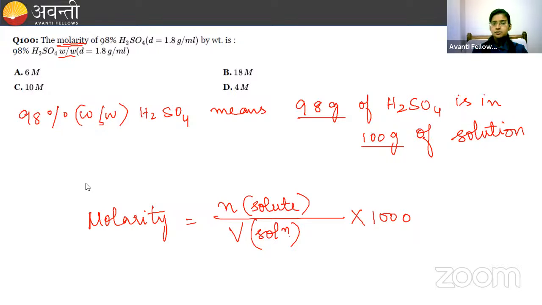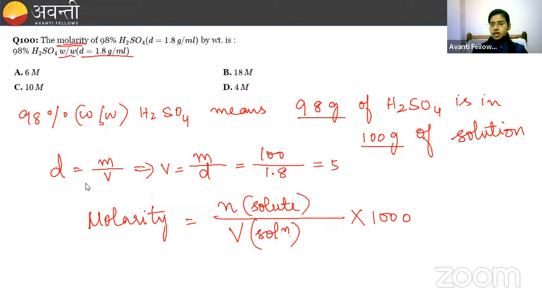First, let me calculate the volume using the density value. Density is equal to mass by volume, so the volume is mass by density. The mass of the solution is 100 and the density of the solution is 1.8, which gives 55.55 milliliter. Because density is given per milliliter, the answer is in milliliter. So I have got the volume value.